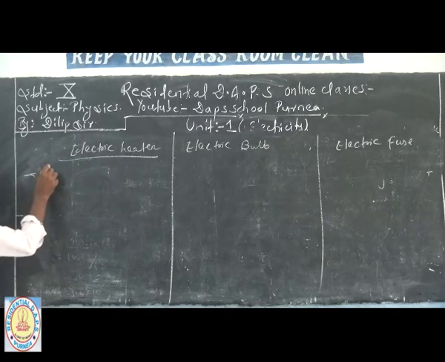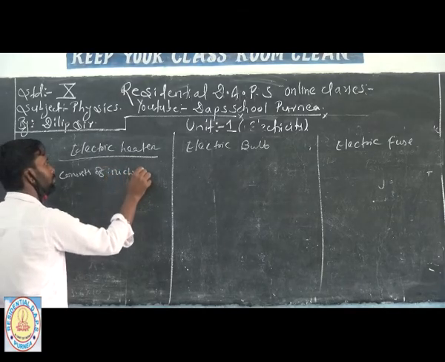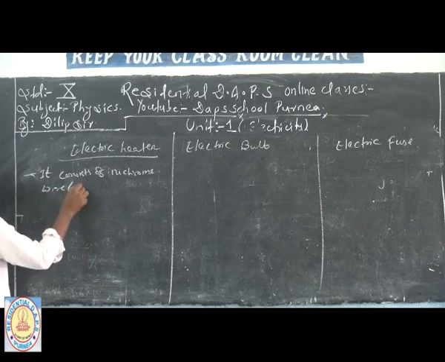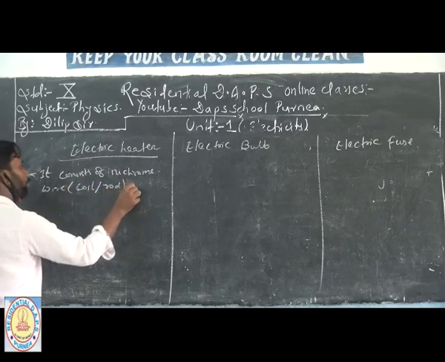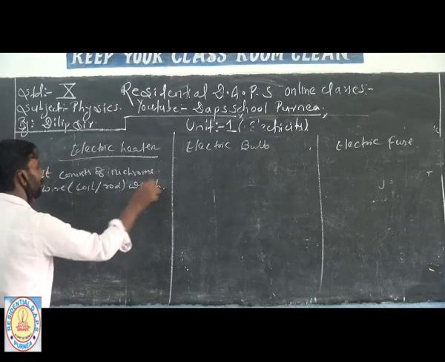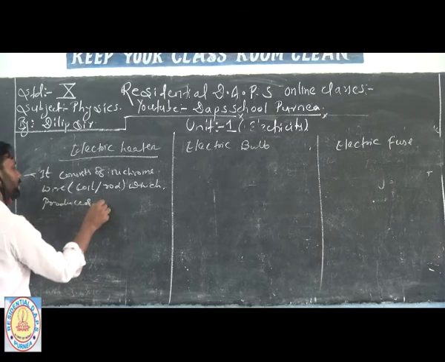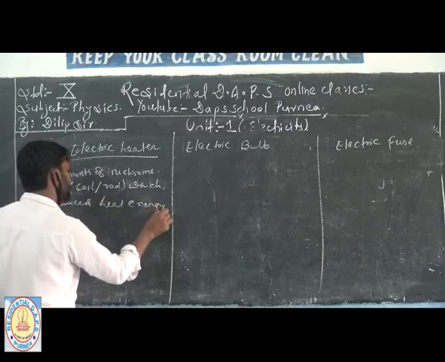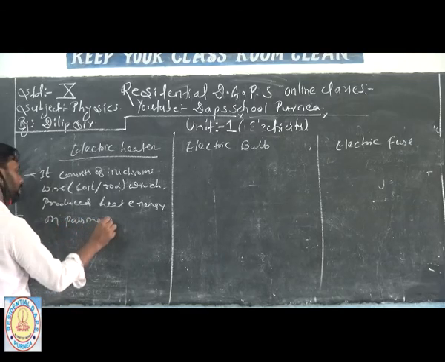The electric heater consists of nichrome wire or coil or rod, which produces heat energy on passing electric current.